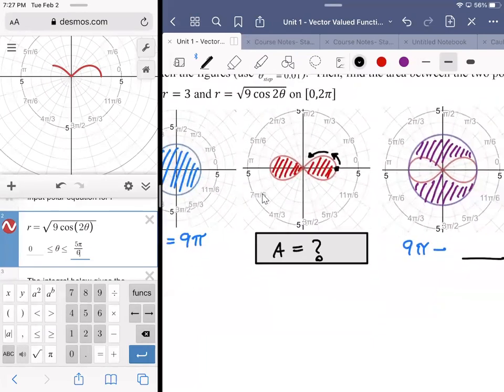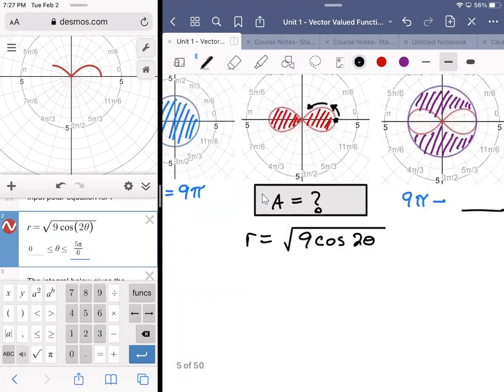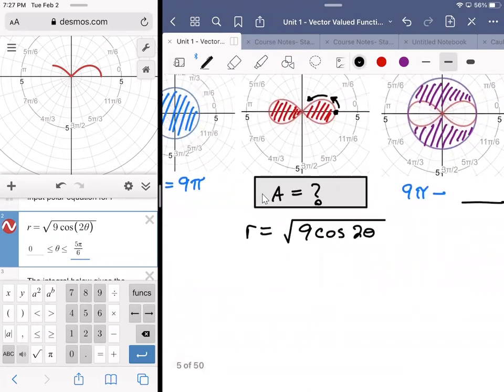All right, so one thing that we could do is take that equation, r equals the square root of 9 cosine 2 theta. We could set it equal to 0, but we kind of want to do a little bit more than that because it is a radical. I only want to be focused on positive outcomes.